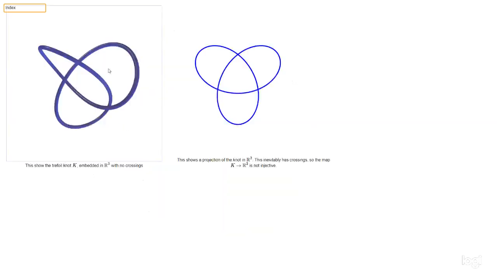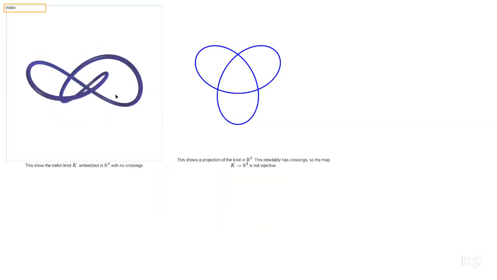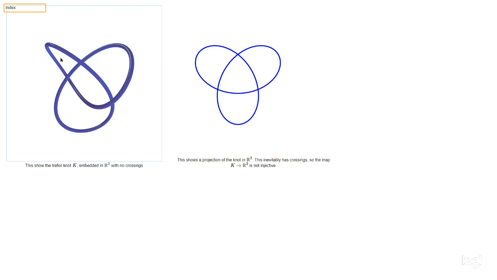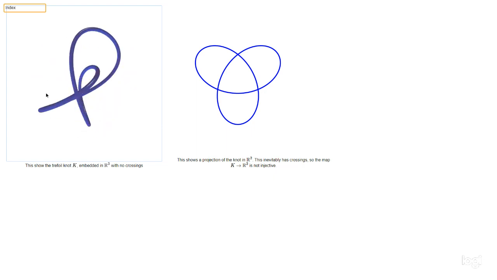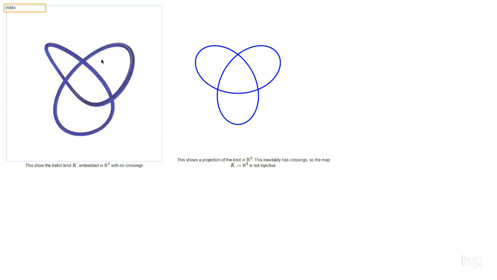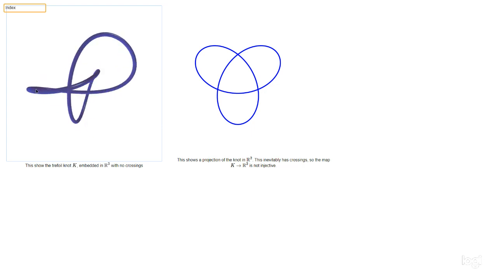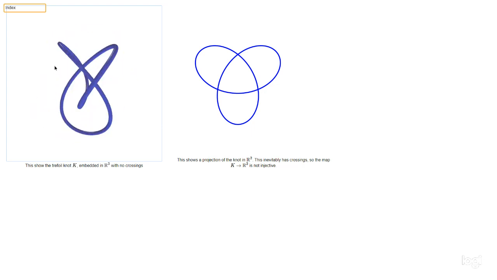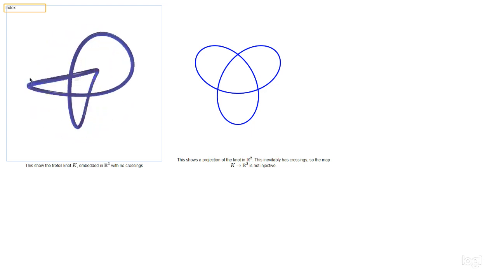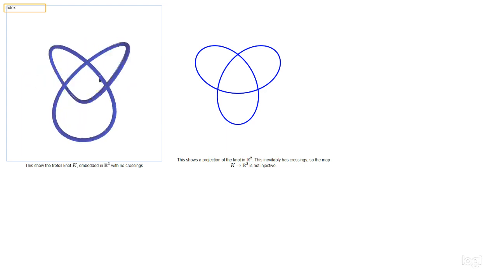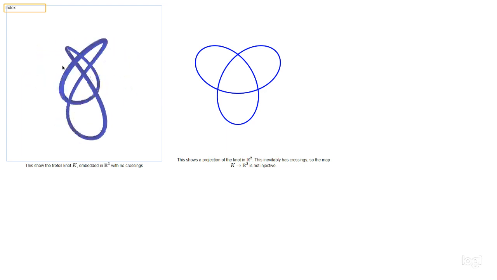It's rather like the normal situation we're more familiar with in knots. This is a trefoil knot. It's a subspace of R3, and it doesn't intersect itself. That's one of the basic examples in knot theory. But we typically have to draw a picture of it in two dimensions like this.